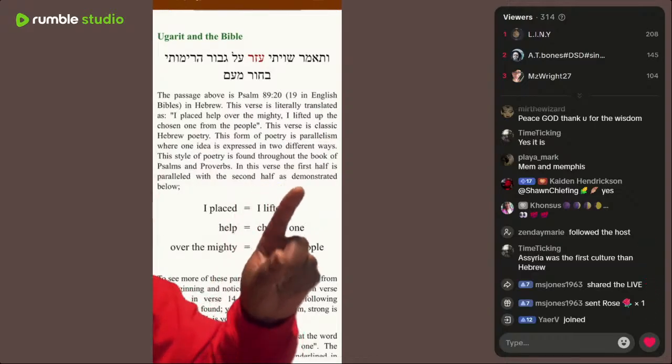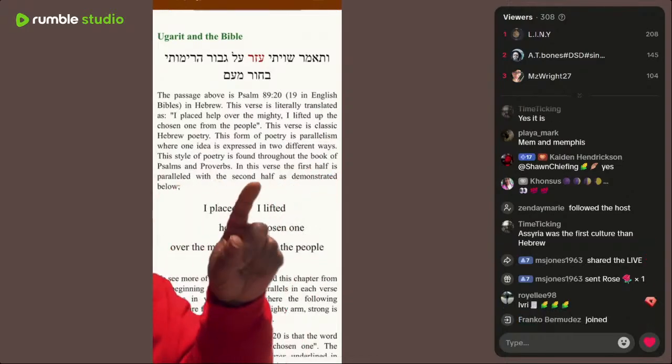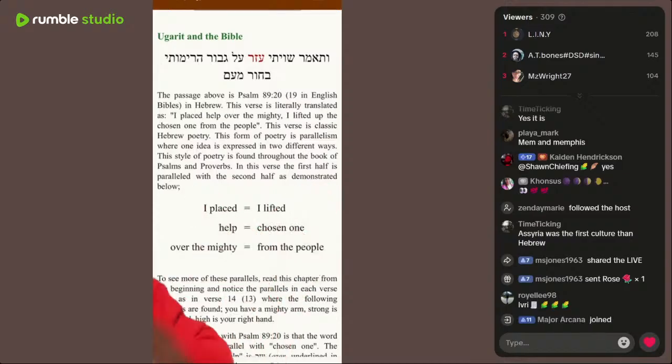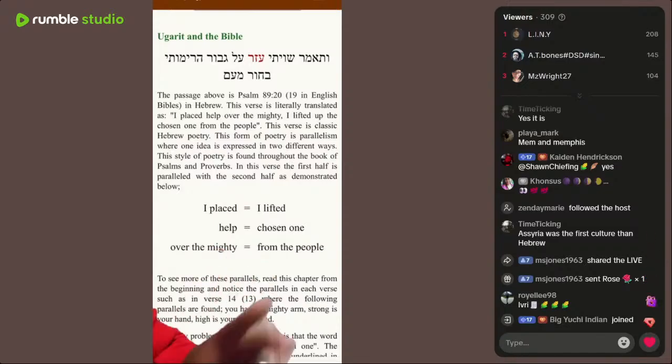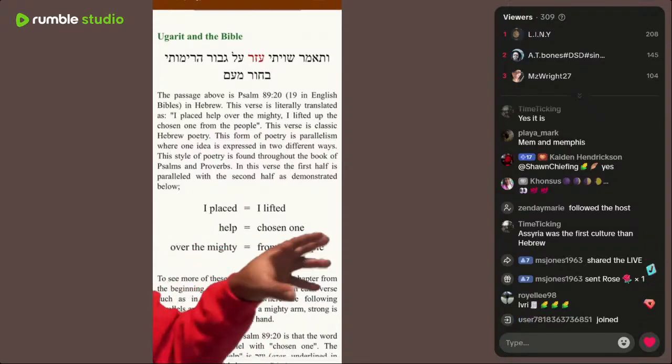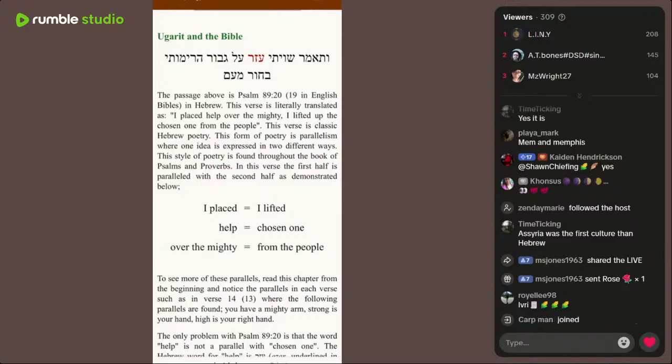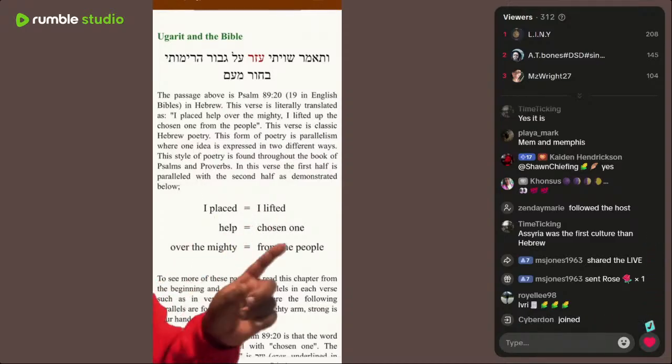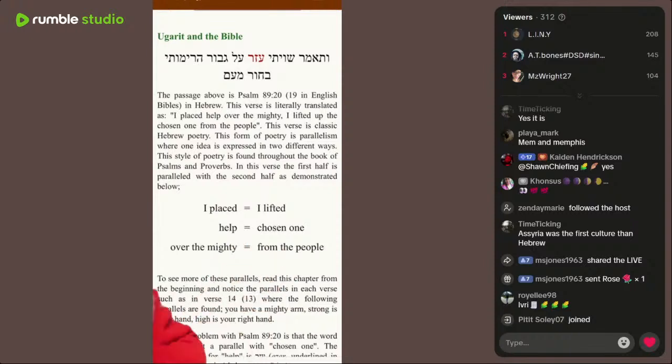In this verse, the first half is parallel with the second half as demonstrated below. So they was writing two different stories in two different languages, but it's the same type of story, and it's worded different. I lifted, help, chosen one, over the mighty, from the people.